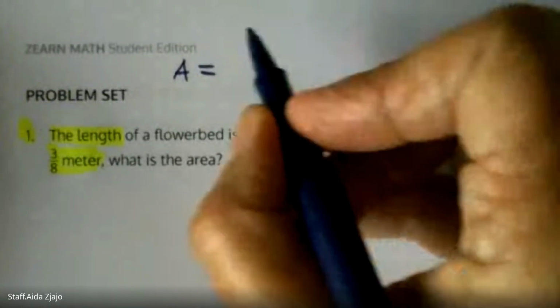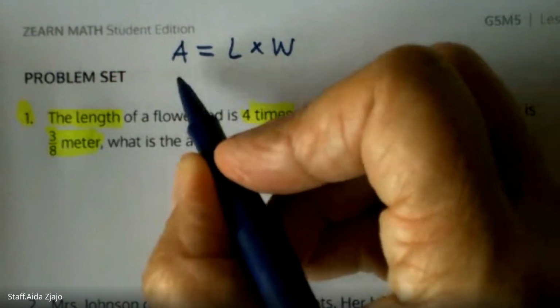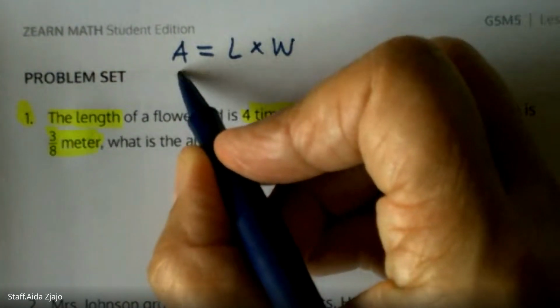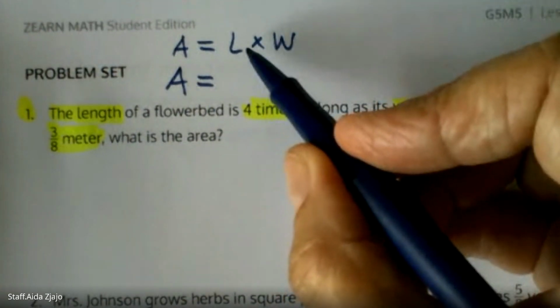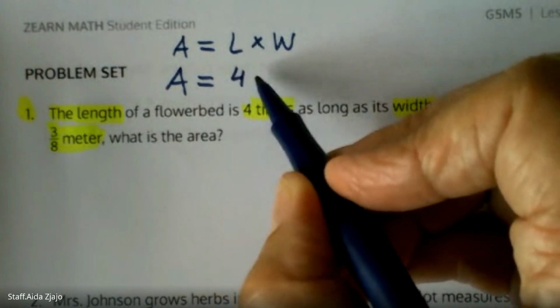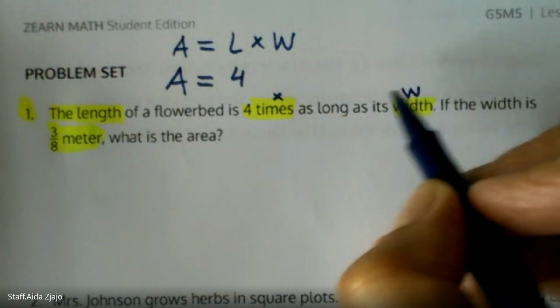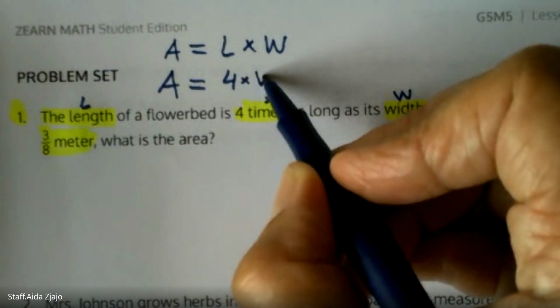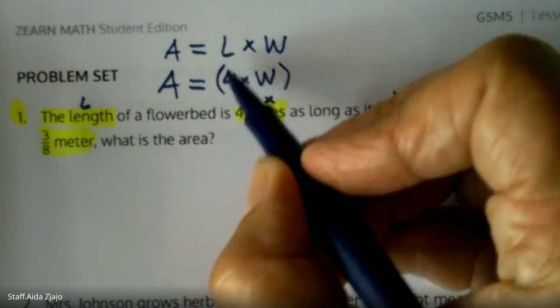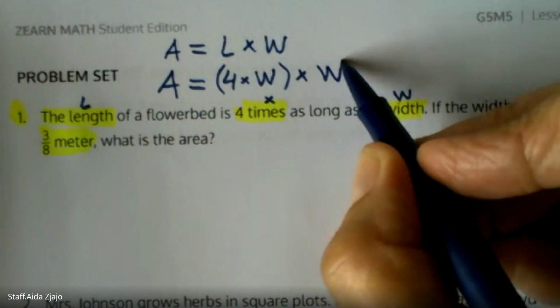Area equals length times width. They say the length is 4 times the width. So 4 times width is the length, and then times width again.